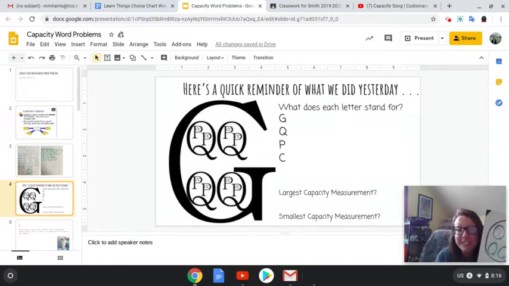What that really means to us is it takes 2 pints to equal 1 quart. What does prince and princess start with? P. P also stands for pints. Great job. So each queen has a prince and a princess in our kingdom of Gallon.